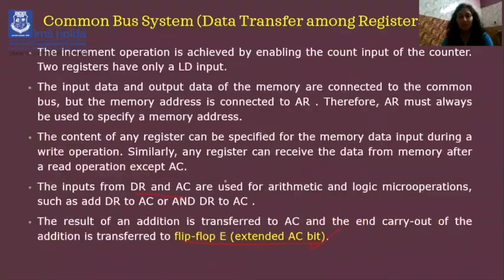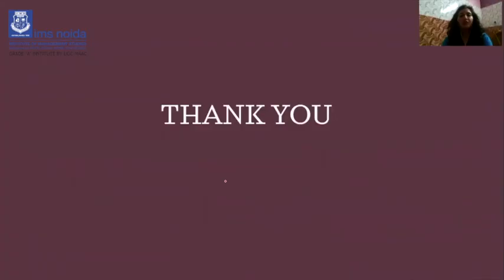So I think it's almost clear, the topic about the system buses, how through not a single bus. Here I am talking about a common bus. So if in the exam a question or topic comes, what do you mean by the common bus system?